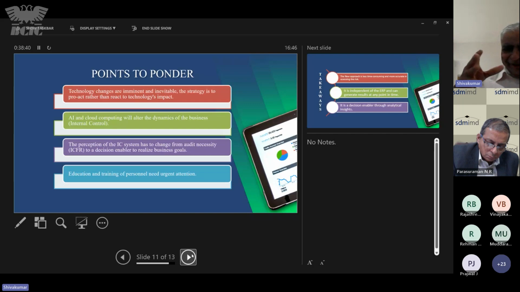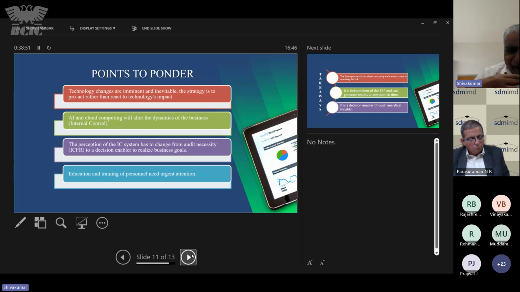So you have to bring AI and cloud in, whether we want it or not, whether we like it or not. The technology impact is there, and AI and the cloud are going to play a very prominent role in our business activities, particularly in support systems like accounting, finance, cost modeling, and everything.